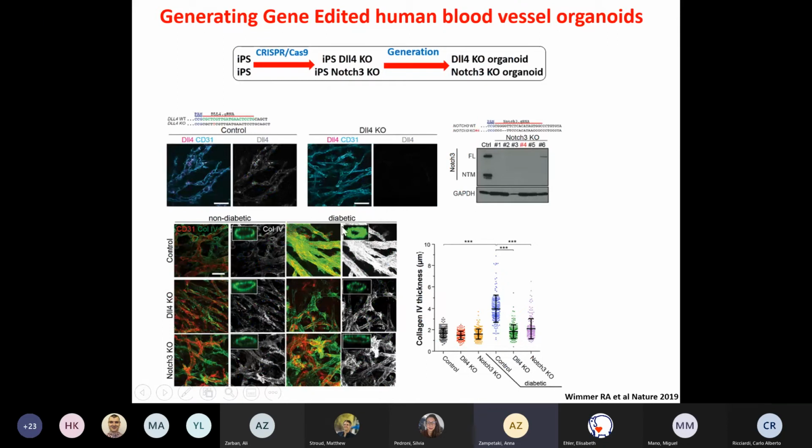As expected, using control organoids, you have a huge deposition of collagen 4, but if you knock out DLL4 or NOTCH3, this response is no longer there, indicating that gene editing of the blood vessel organoids can also be used to interrogate, to understand the mechanisms involved in the pathology.